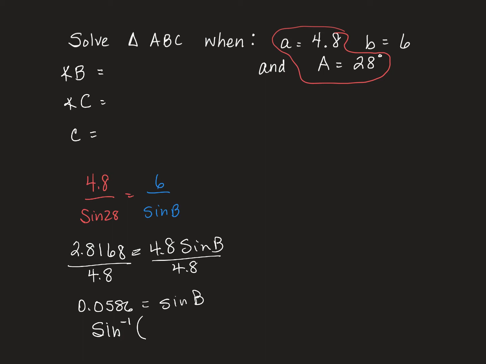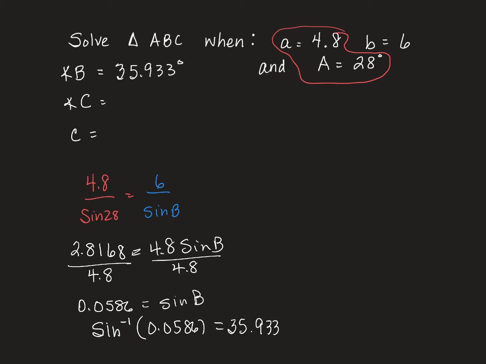So you're going to put your 0.0586 in there, and you should come up to something like 35.933. So let's say we have 35.933 degrees.